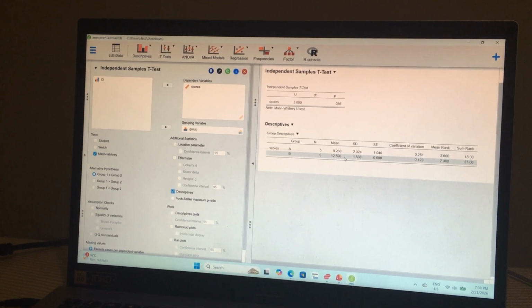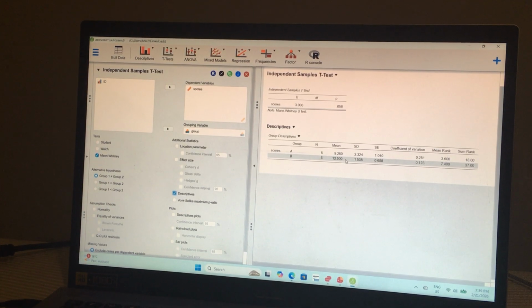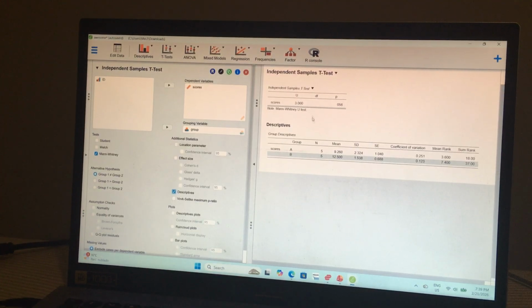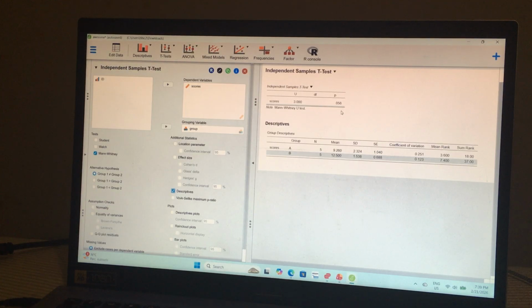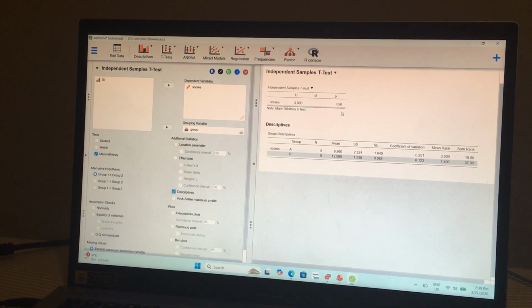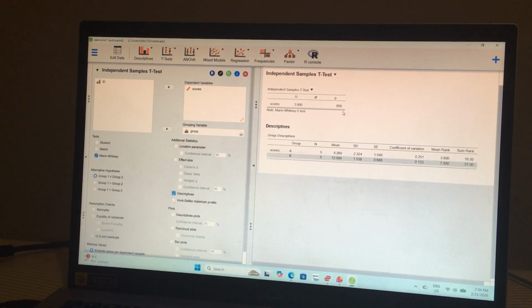And so the results of that test came out to be not statistically significant, because as we can see, our p-value was greater than 0.05. It was 0.056. And again, we can report U equal 3 and our p-value of 0.056.